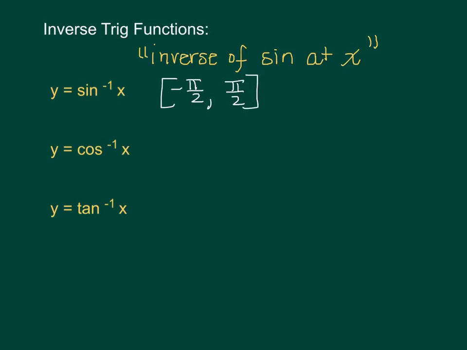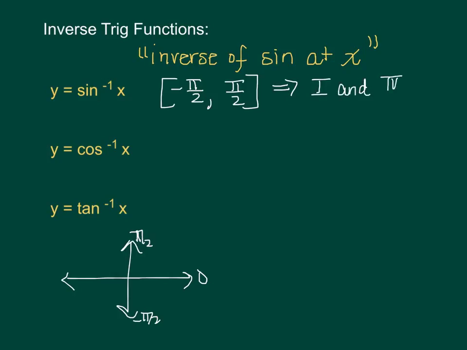So on the unit circle, I'll draw it down here. Here's 0. Here's positive pi over 2. Here's negative pi over 2. So that means we can only look in quadrants 1 and 4 to find the inverse function value.